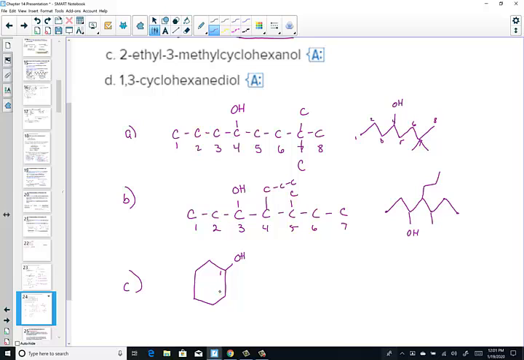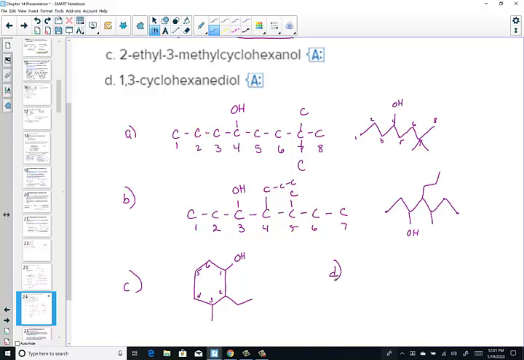Now I'll just number around the ring and place, 1,3 cyclohexane, oops, I'm reading D. 2-ethyl, there's a 2-carbon branch. 3-methyl, so there's a 1-carbon branch. 2-ethyl, 3-methylcyclohexanol. We did it. That's it for letter C.